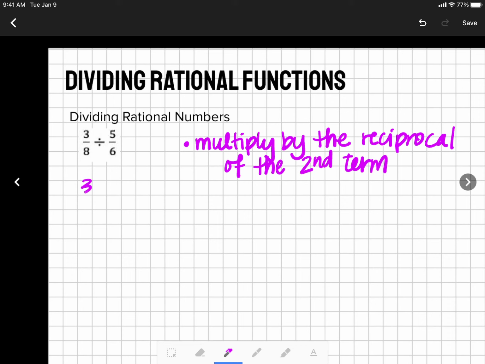So this is still going to stay 3 over 8, but now I'm going to multiply by 6 over 5. And we're going to follow all of our steps for multiplication.